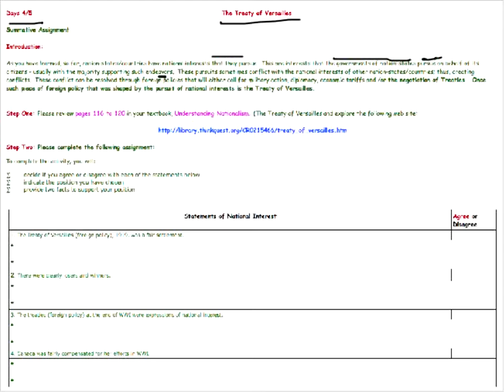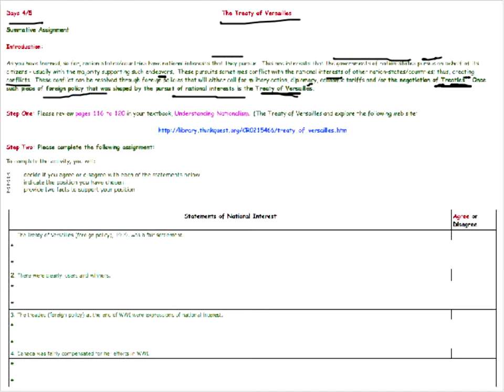These pursuits sometimes conflict with national interests of other nation-states or countries, thus creating conflicts.